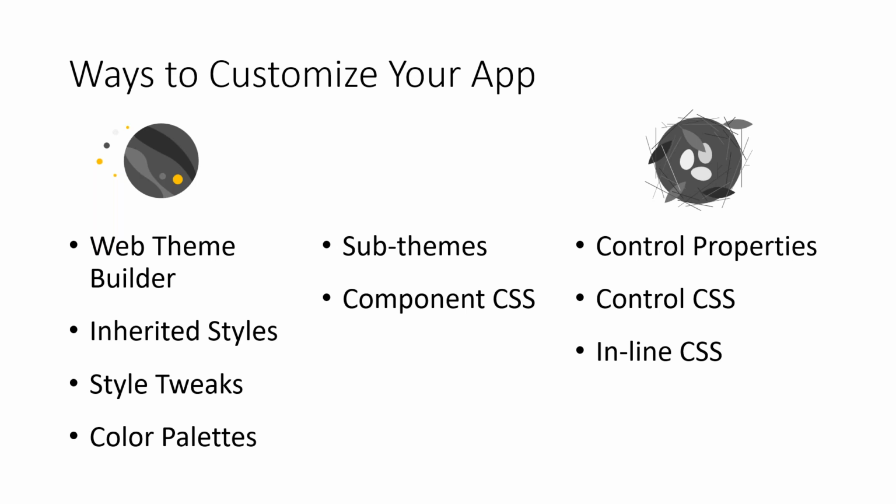And then at the extremely local level, nearly every control in Alpha Anywhere has a property somewhere that you can use to change the CSS, apply an inline style, apply a class name. So those types of properties are local, they only apply to that control. They generally don't extend beyond that.